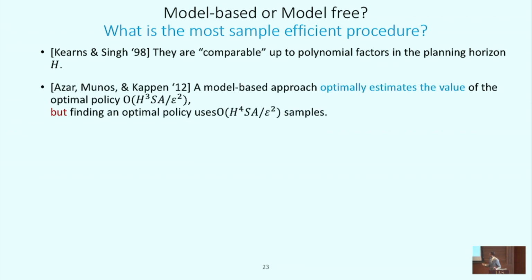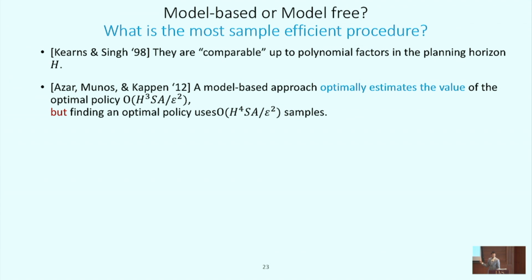And a really nice result due to Azar and co. showed that if I just care about estimating the values, the sample complexity was just linear in S and A and H cubed in the horizon. The problem was that this was only for value estimation. For actually getting a good policy, it was worse by a factor of H. There seemed to be some amplification going on, and there's a real question of whether this is real.